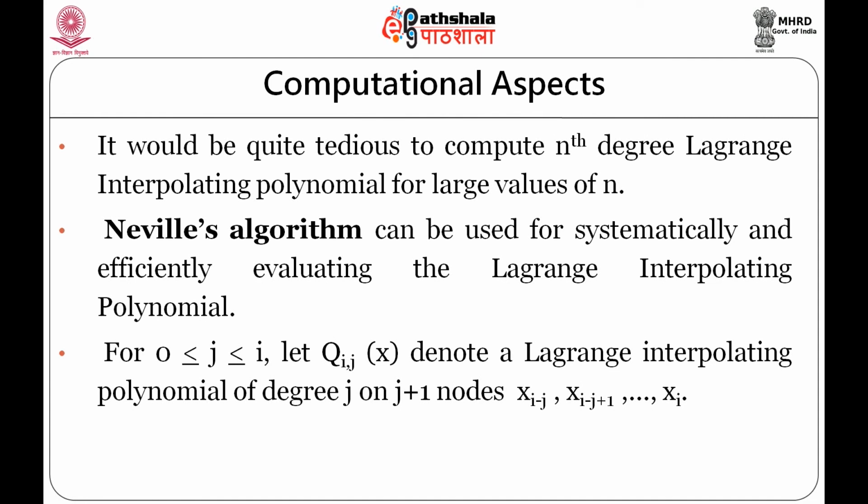But if we take say 10 data points, and you want to evaluate the y value at any point using such a Lagrangian interpolating polynomial, it will be very difficult, because every time you have to take the product of 10 factors in the numerator, then 10 factors in the denominator, and then divide, and so there will be several such steps.